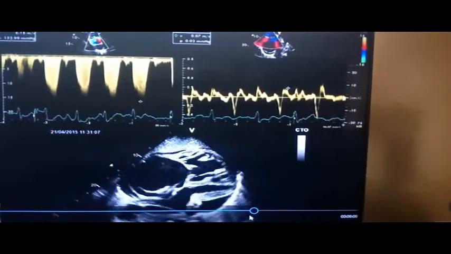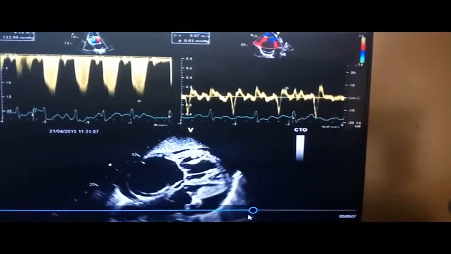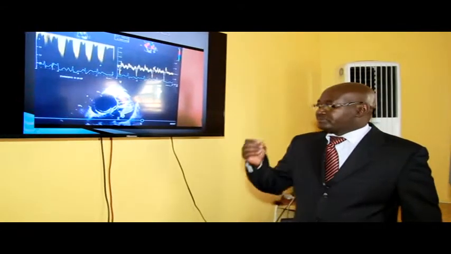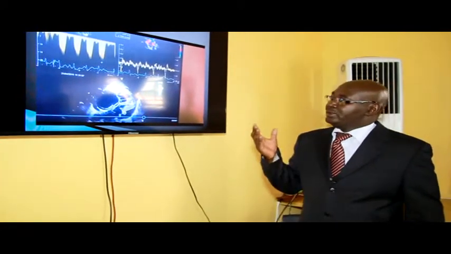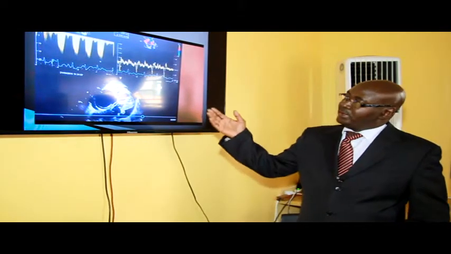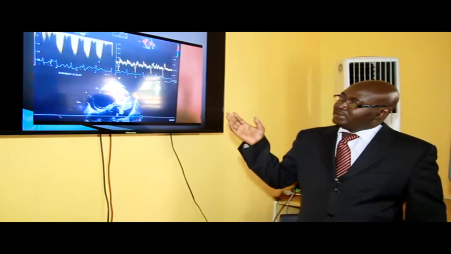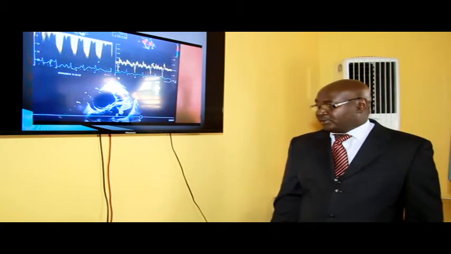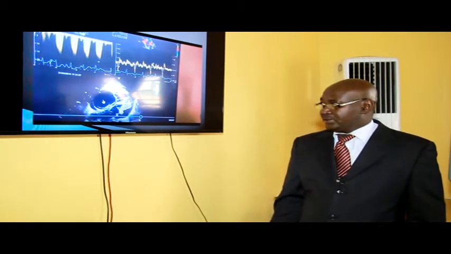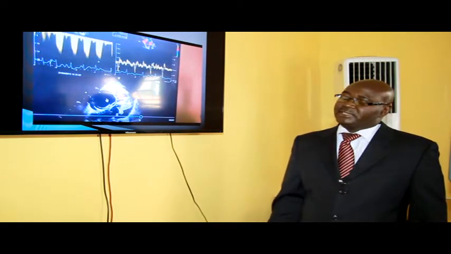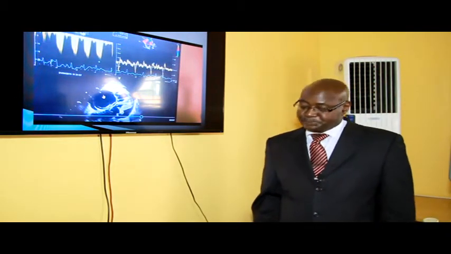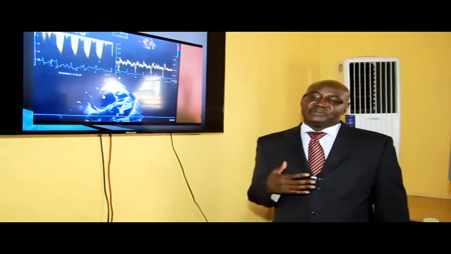So this is another clip. I'll freeze it. In this clip, it is showing that the right side of the heart is obviously very enlarged, because here, this is the right atrium, the chamber that receives blood from the top part of the body and the bottom part of it.